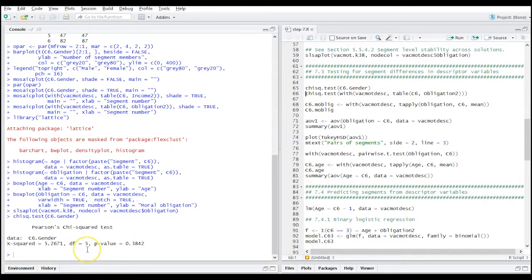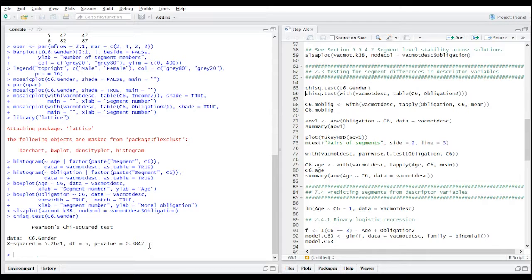So here we have additional information on the distribution under the null, and this is evaluated: how likely is it, if the null hypothesis is true, to observe that test statistic or a more extreme one? And here we see the p-value is 0.38, which means it's pretty large.